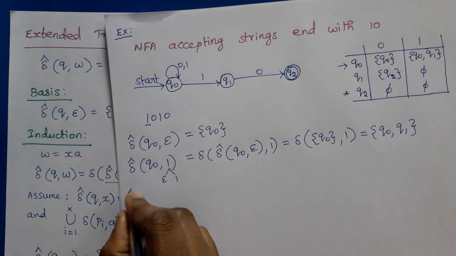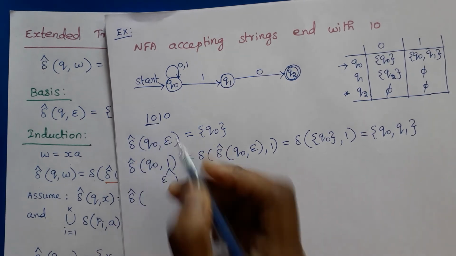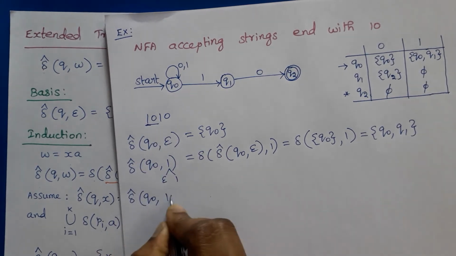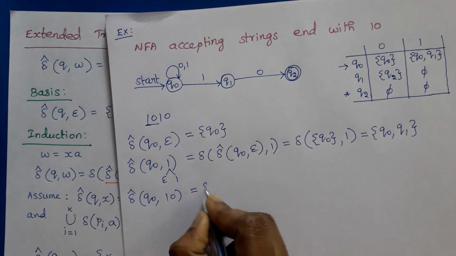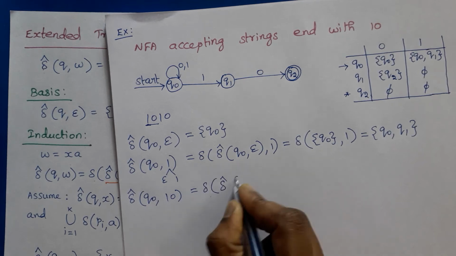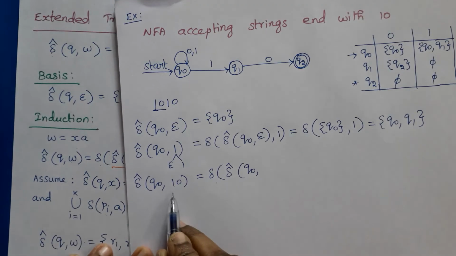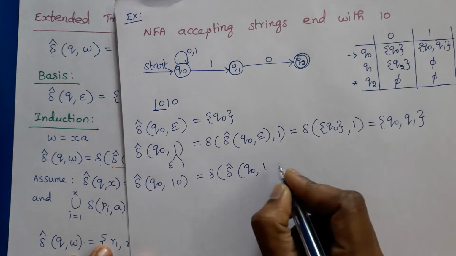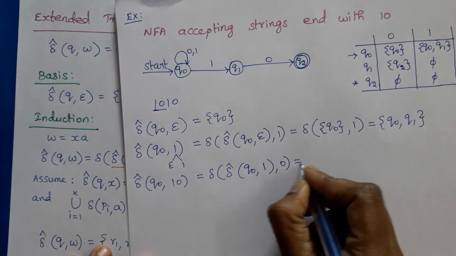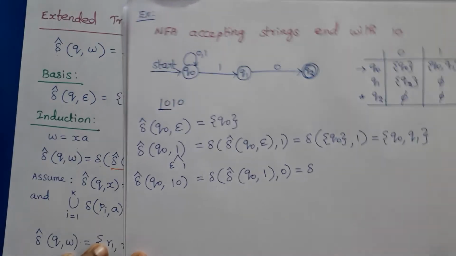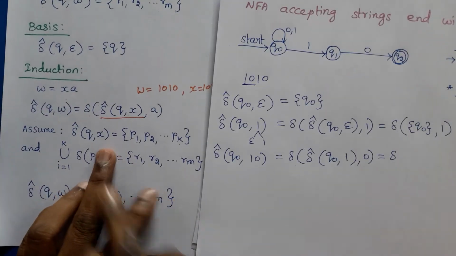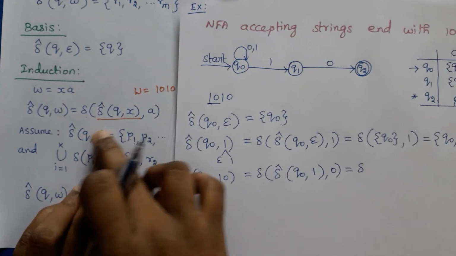Then in the next step we need to consider two symbols. So delta cap of Q0 comma 10 is equal to delta of delta cap of Q0 comma. Now we need to consider 0 as A and 1 as X. So here we have followed this step.